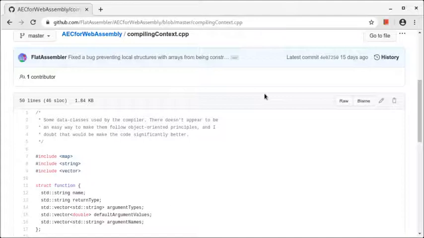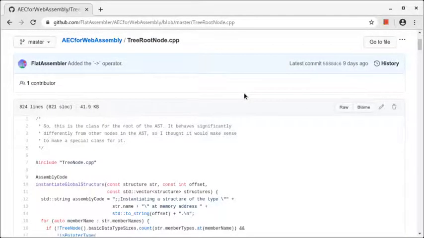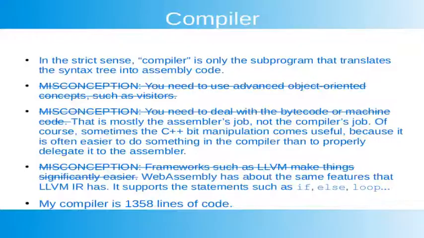My assembly code.cpp file is 83 lines, and my tree-root node.cpp file, which initializes those data classes, is by far the longest of those three, at 824 lines of code.